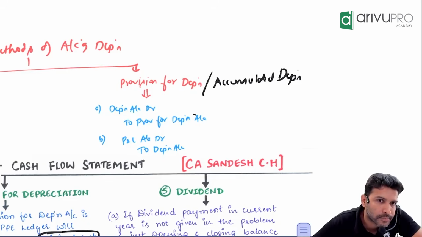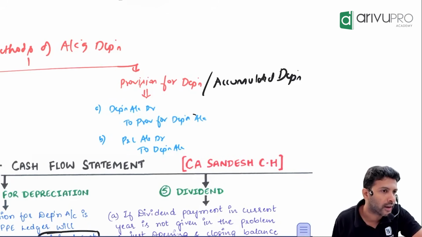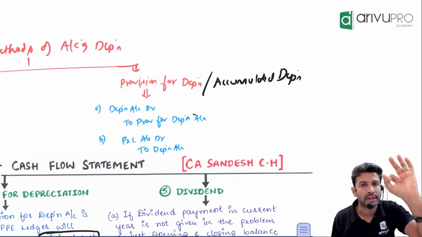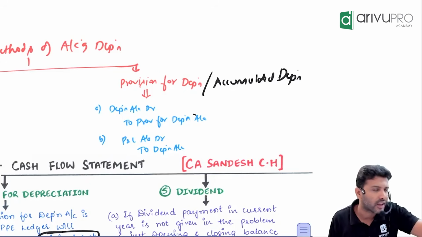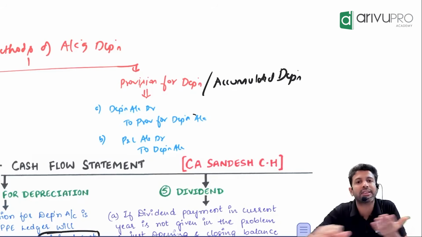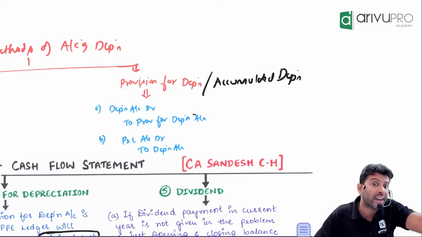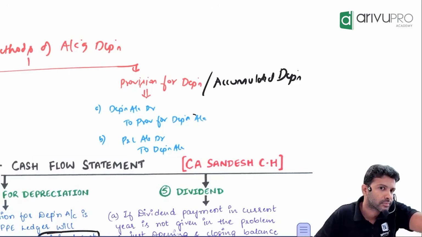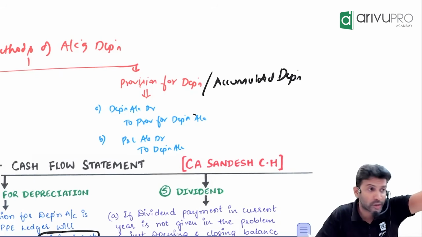Can I talk further? Now people, how long should we maintain the provision account? 1 year or 2 years or 5 years or 10 years or 20 years or how many years? Till that time the asset is there. That asset's provision for depreciation also should be maintained. If that asset is derecognized, if that asset is cancelled, you wrote it off, you sold it, or you gave it on finance lease. When you give it on finance lease, the lessor will derecognize the asset and show it as receivable to the extent of net investment.